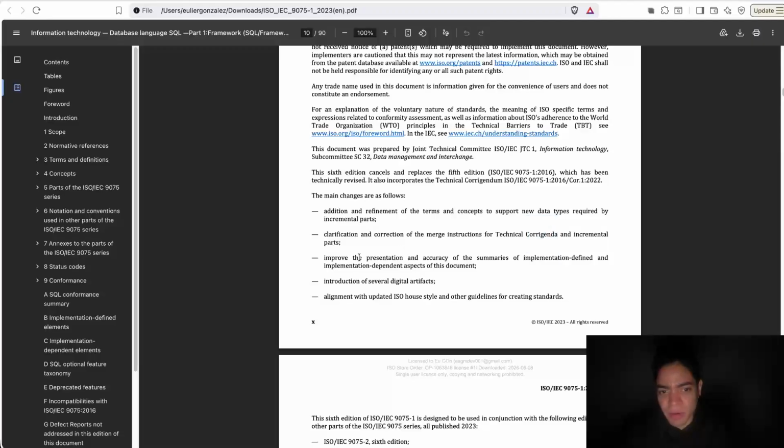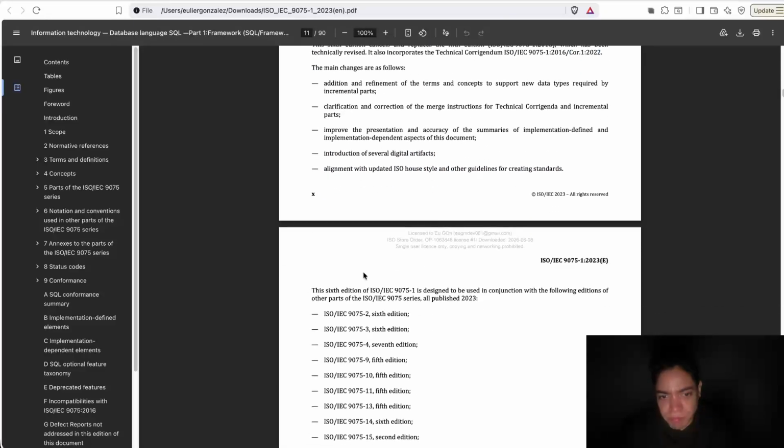Interesting. And incremental parts improve the presentation and accuracy of the summaries of implementation-defined and implementation-dependent aspects of this document. Introduction of several digital artifacts and alignment with updated ISO house styles and other guidelines for creating standards.